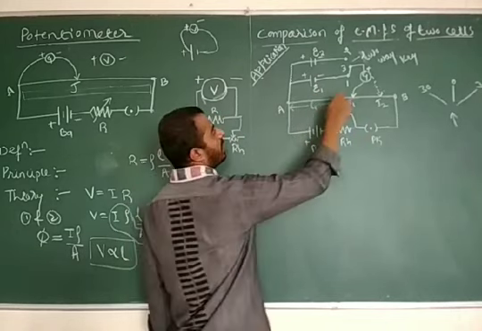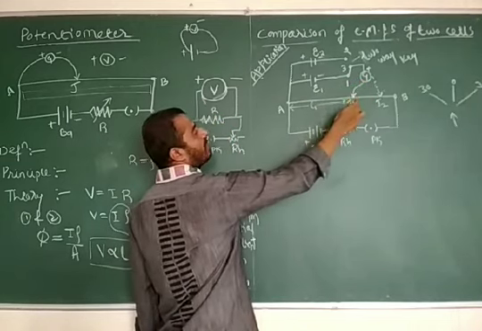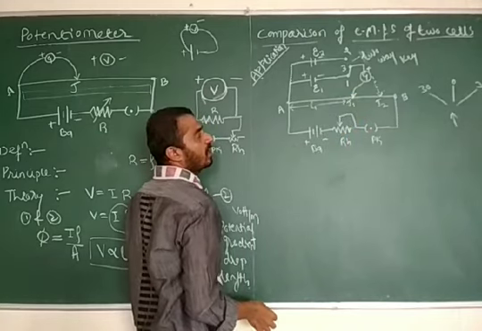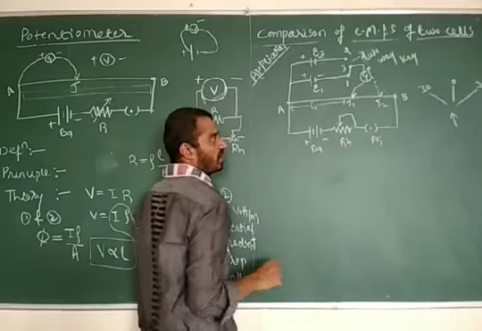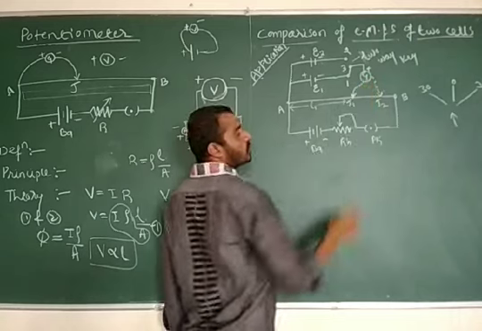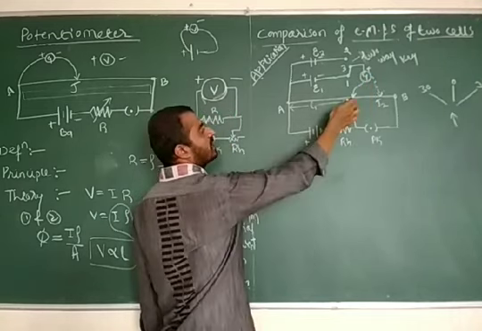As you go on sliding, at one particular point, shown here as J1, the galvanometer starts showing 0 deflection, or null deflection. The point where the galvanometer shows 0 deflection, that length is taken as the balancing length.